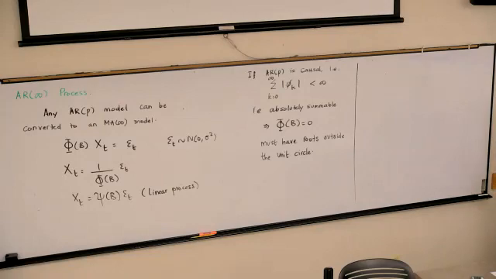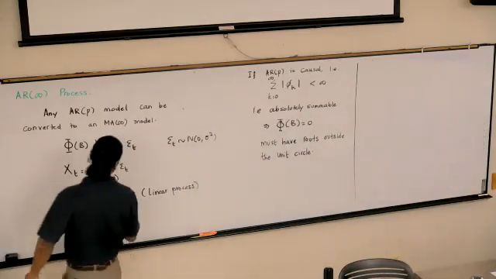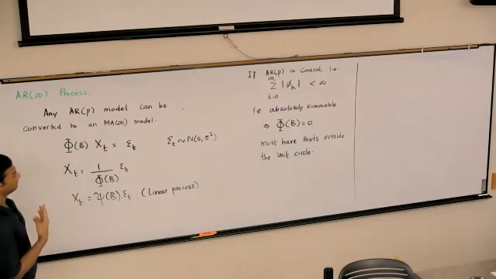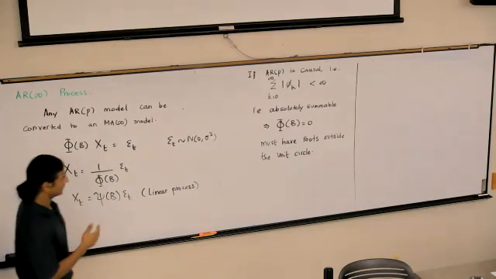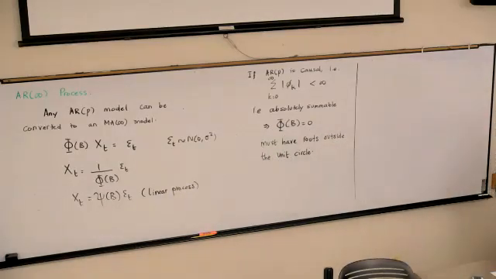That's how we ended up getting an MA infinity model. We took any AR model and expressed it as an MA infinity. This part would simply reduce to a linear process. How do we get an AR infinity? Do you want to take a guess? You take any MA(q) model and then turn that into an AR infinity.